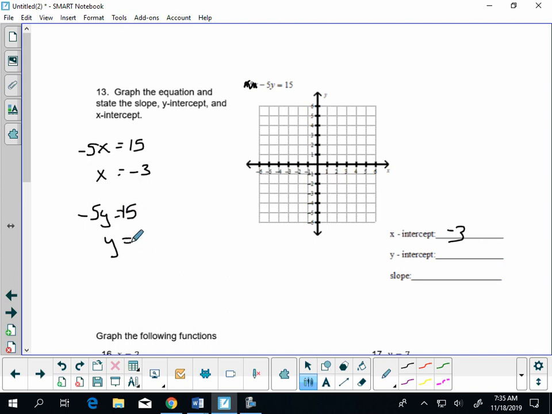Y is negative 3. So they're both negative 3 in this case. Not the best drawn line, but you get the idea. And then to find your slope, I'm going up 3, left 3. So rise over run, and that's going to give me negative 1.